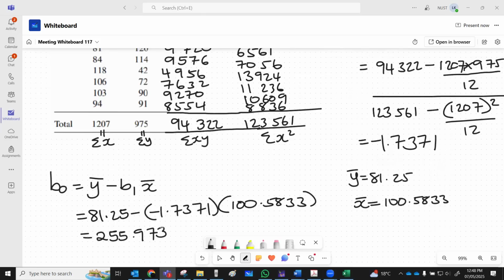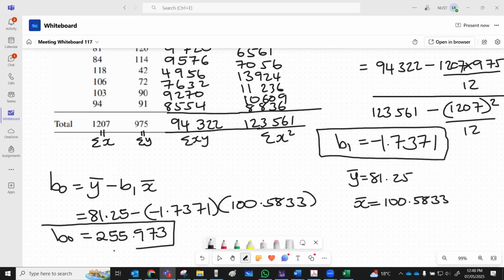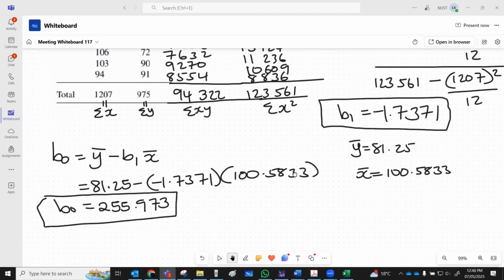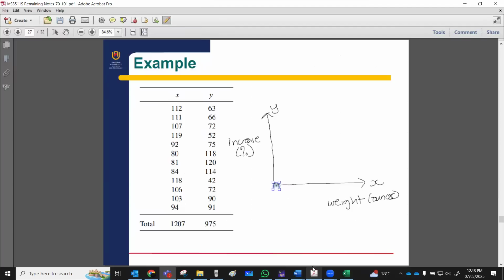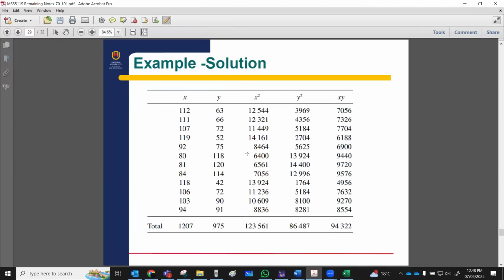Okay, so now that you have found your B1 and your B0, you now just write the equation. This is our B0. So we write our equation, and the equation is y is equal to B0 plus B1 multiplied by x.